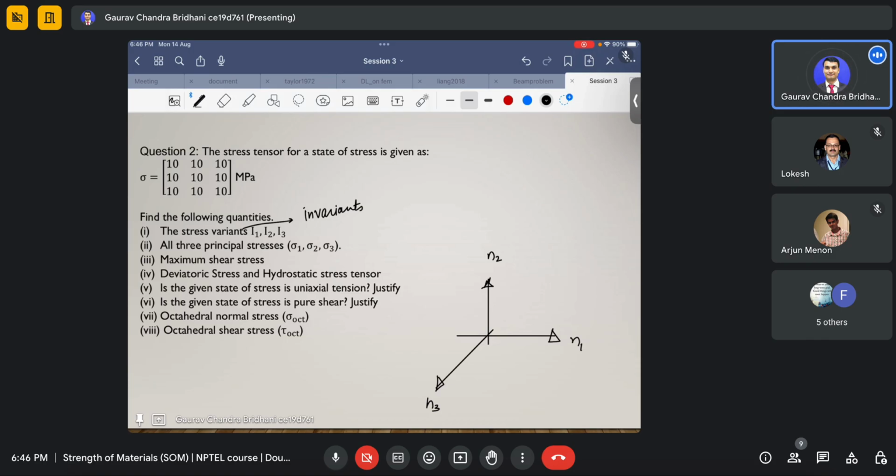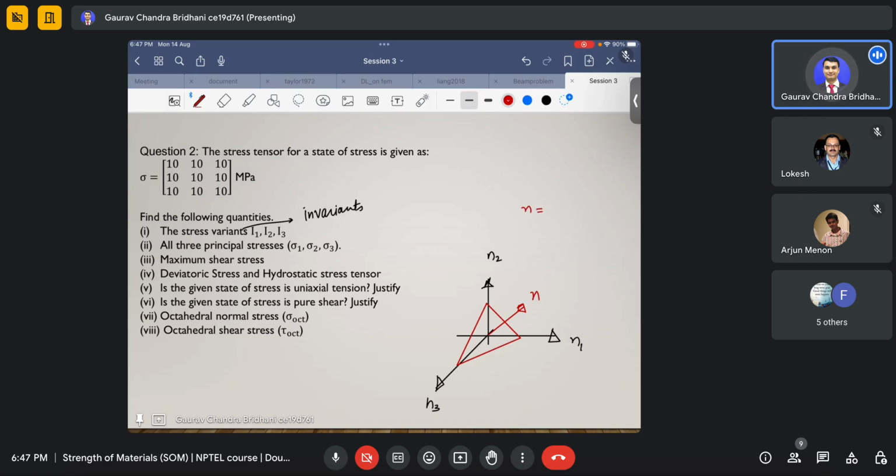So if these are principal directions, then there is a plane, I'll just representatively draw, whose normal is n.